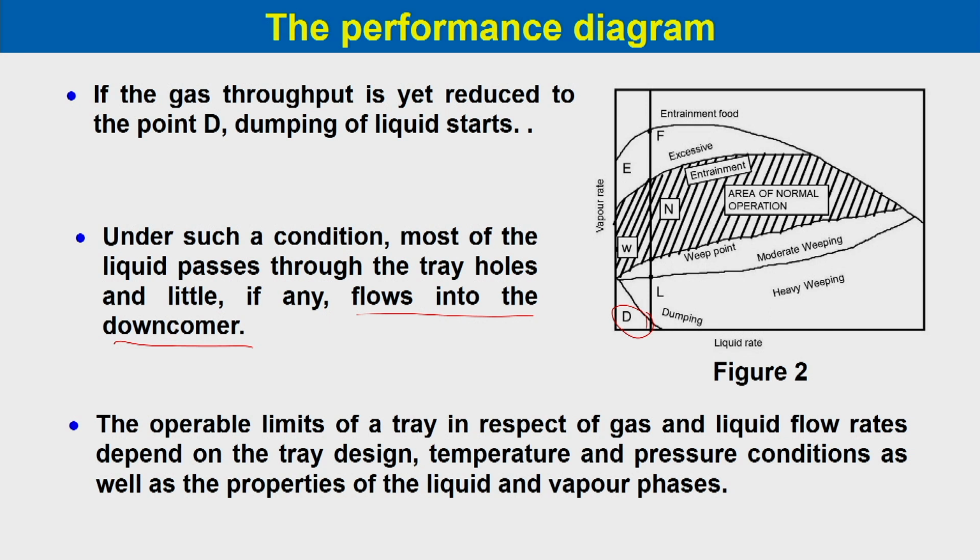The operable limits of a tray in respect of gas and liquid flow rates depend on the tray design, temperature, pressure conditions as well as properties of the liquid and the vapor phases. So, this will decide the operation limit of the gas and the liquid.